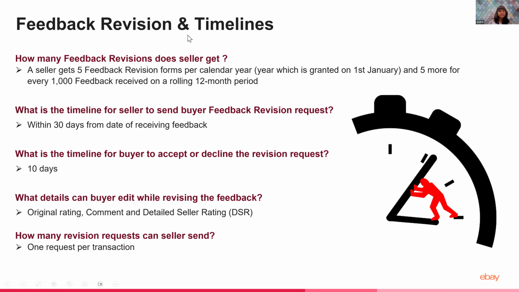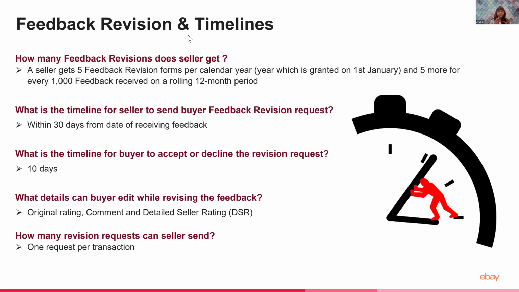Because as a seller, you get 5 feedback revision forms per calendar year, which is granted on the 1st of January, and 5 more for every 1,000 feedback that you receive on a rolling 12-month period.